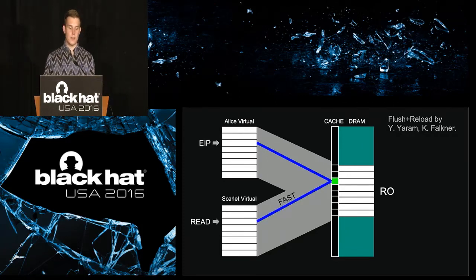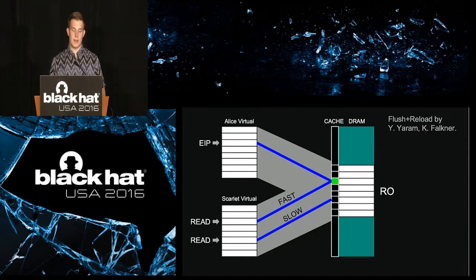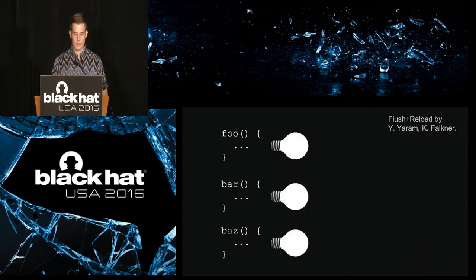Now, if Scarlet comes along and reads from the same address of code, that read is going to happen really fast because it's already in the cache. If Scarlet reads from some memory that Alice hasn't been executing in a while, that read's going to be slow. It won't be in the cache. So by timing reads to various addresses in memory, Scarlet can tell which code Alice has been executing recently.